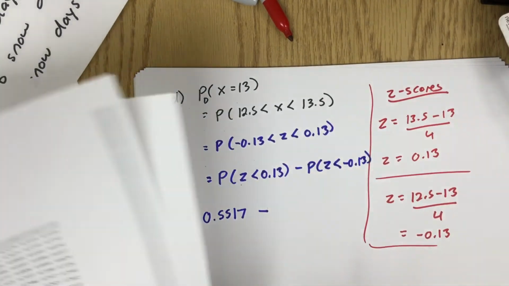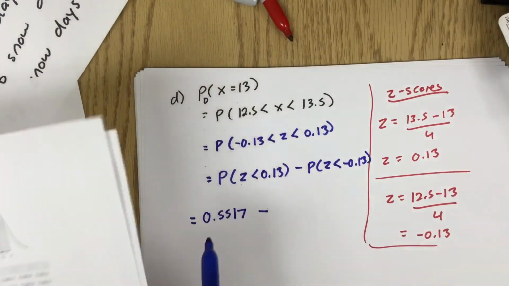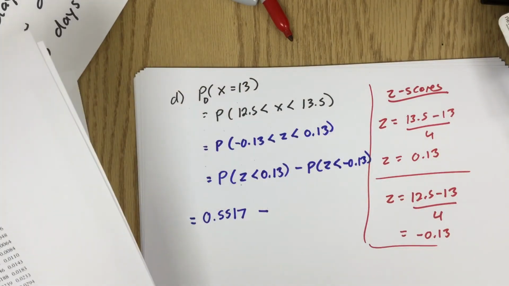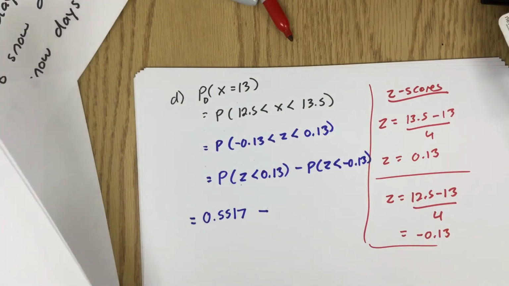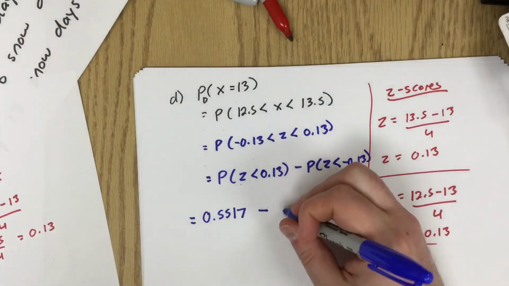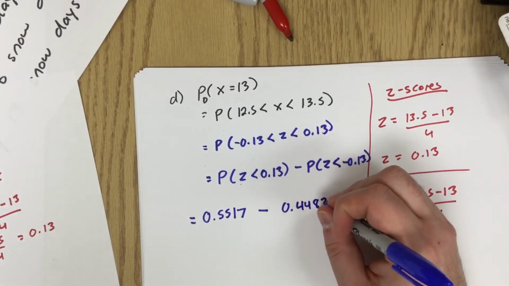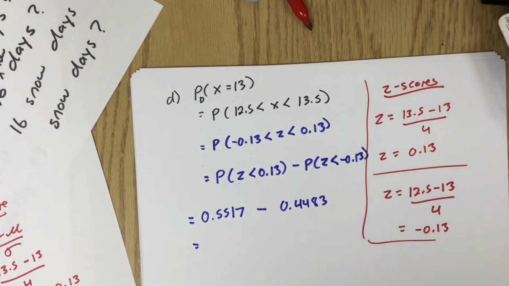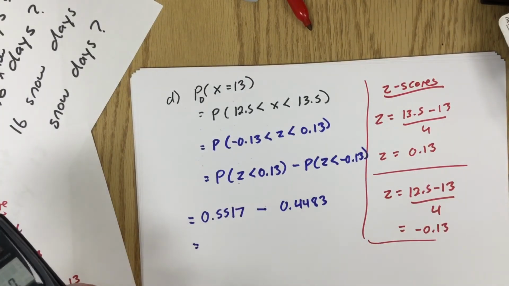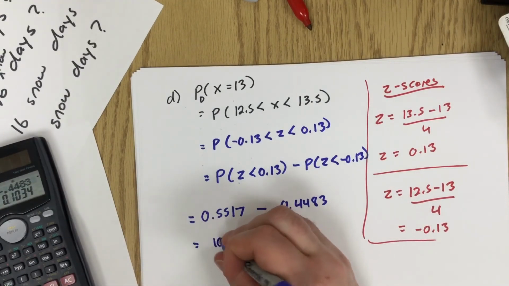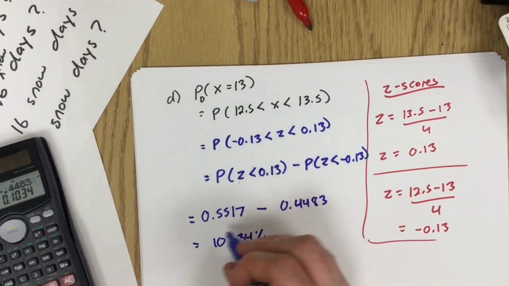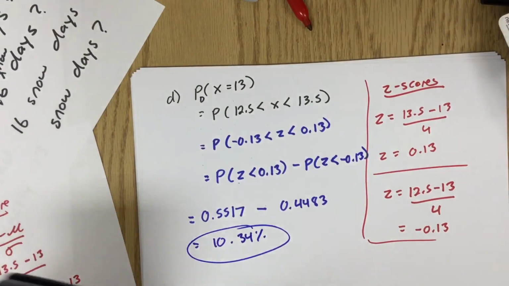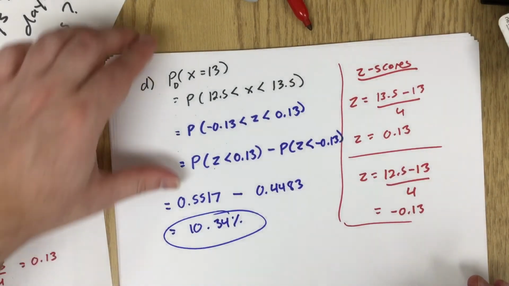And the probability it's less than the bottom one is going to be 4483, which is going to be 10.34%. So the probability of having exactly 13 snow days is going to be 10.34%.